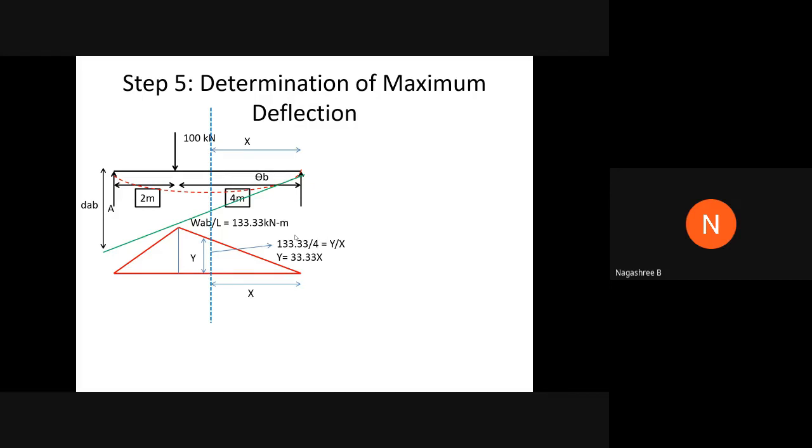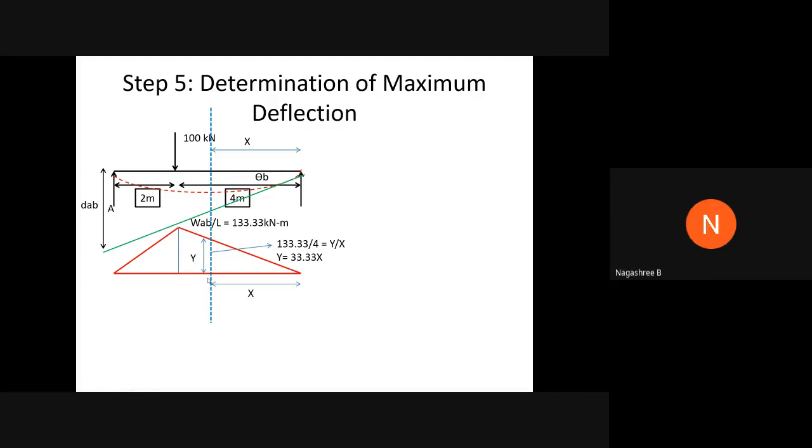But in this case, you have the 100 kilonewton load 2 meters from A and 4 meters from B, which is nothing but an eccentric distance. So you can't judge that it will be exactly below the 100 kilonewton. Therefore, in order to determine the maximum deflection, I have taken a section here. You can notice the blue dotted line.